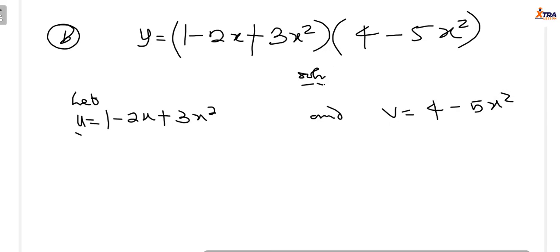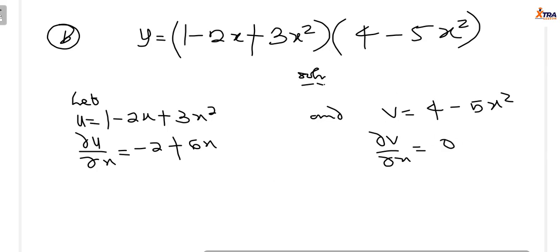So we find du over dx. Constant is 0. Differentiation of 2x is 2. Differentiation of plus 3x squared, we are having plus 6x. So the dv over dx, constant is 0 minus, this will be 10x. 0 minus 10x is minus 10x.